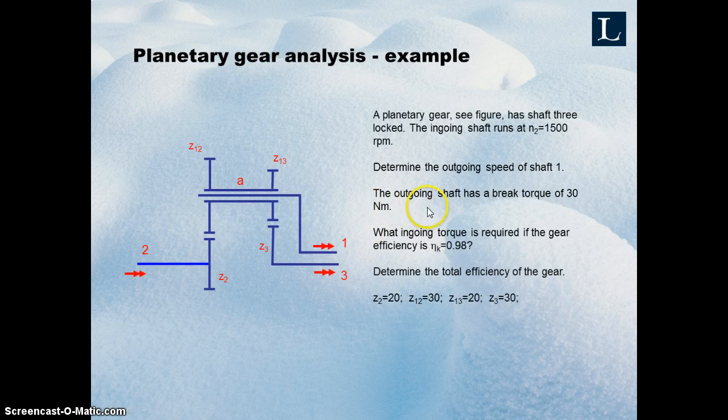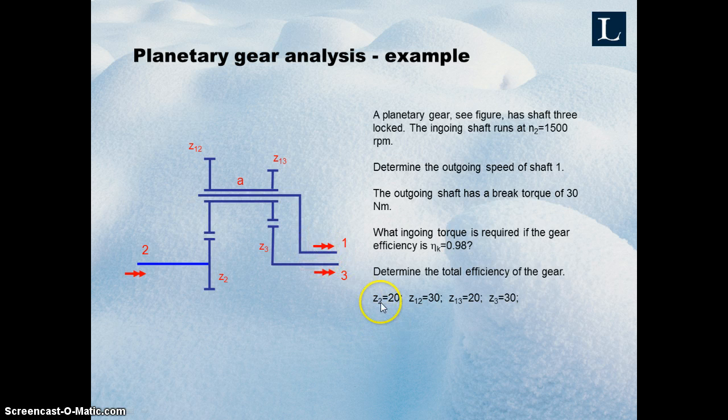Okay, we should determine the outgoing speed of shaft 1. So this is a planet carrier shaft. And the outgoing shaft has a brake torque of 30 Newton meters, and the input shaft N2 has a speed of 1500 RPM. So this means that this shaft rotates with 1500 RPM, and we are interested in finding the output shaft speed here.